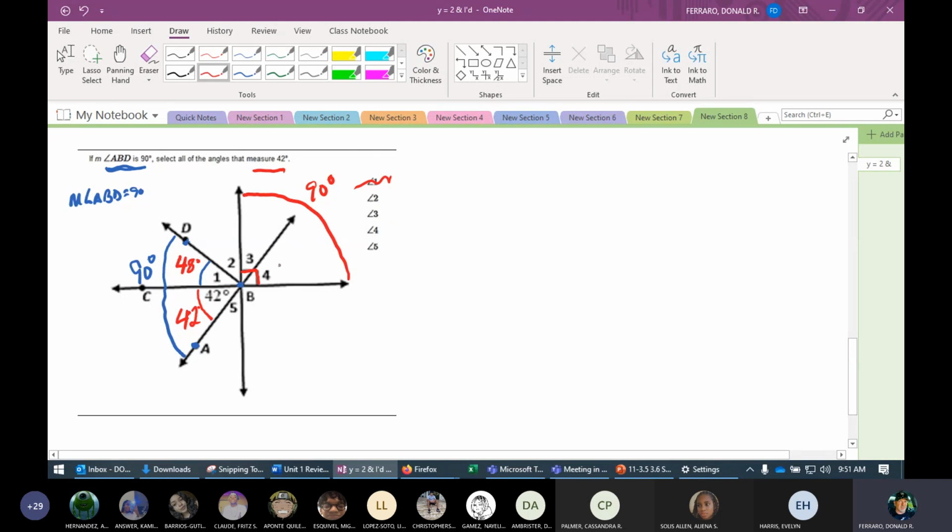So if I had a line here and a line here, and I told you that this one was 42, what would this angle be right here? 42, right? So we know that this angle right here, ABDC, is 42.